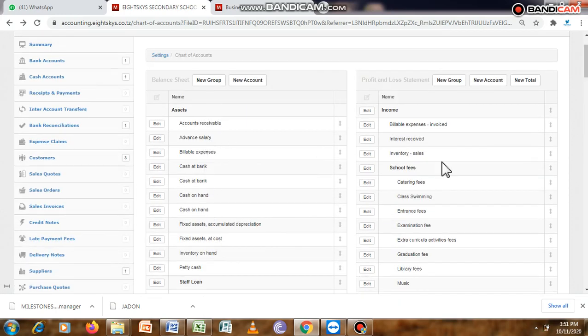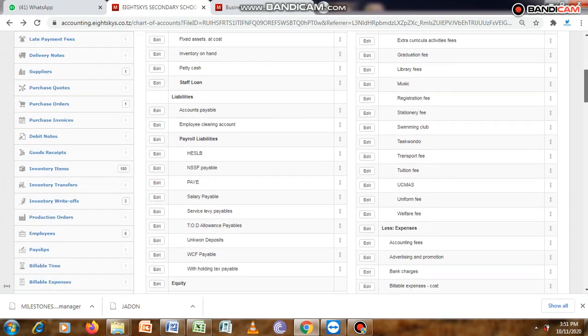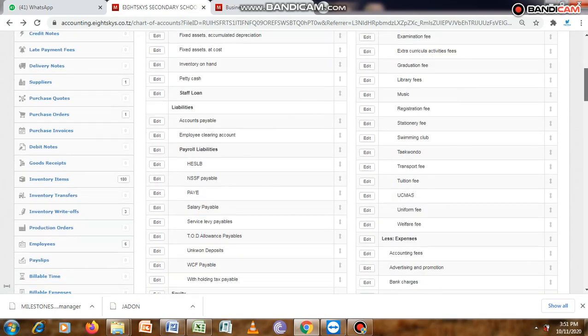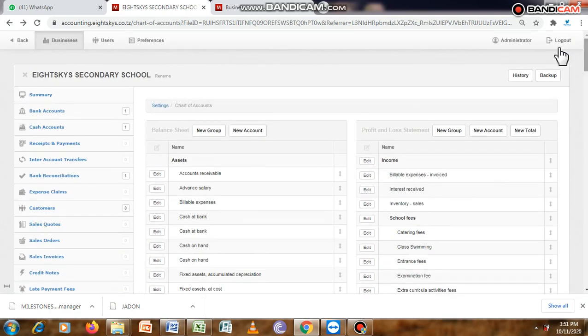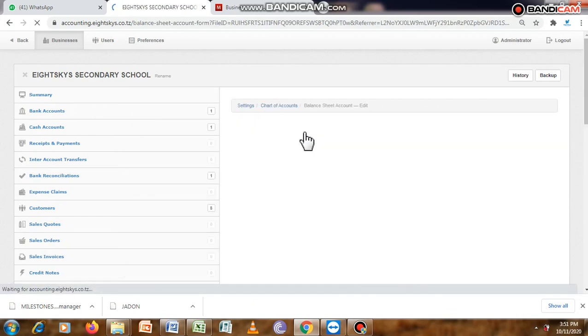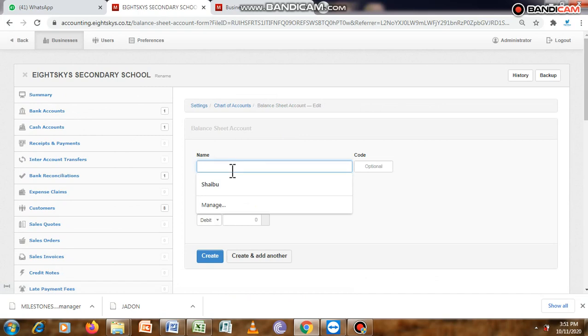So these are the assets, and these are the liabilities. I'm not seeing caution money here, so I will have to create it. I click new account on this side, and then I say this is caution money. I'm creating this one on the balance sheet side because it's a liability account.